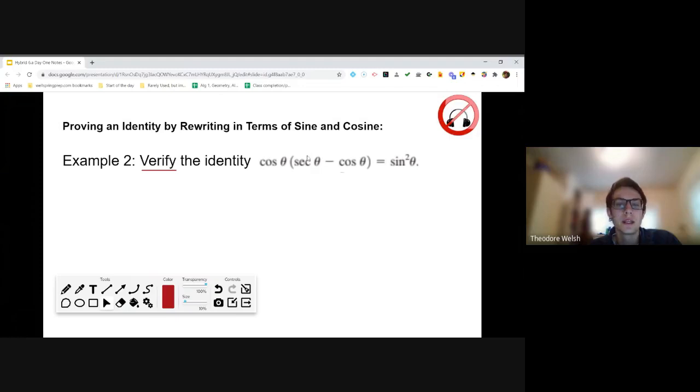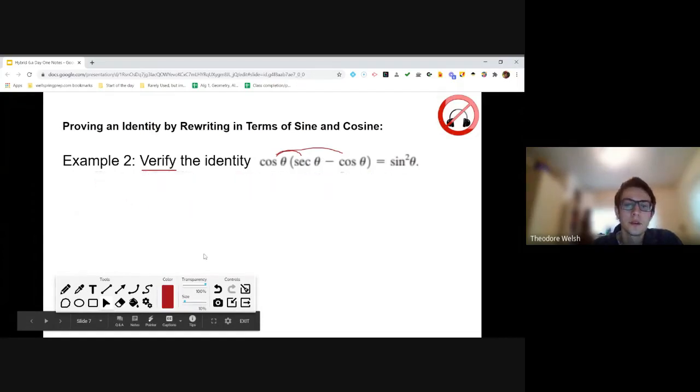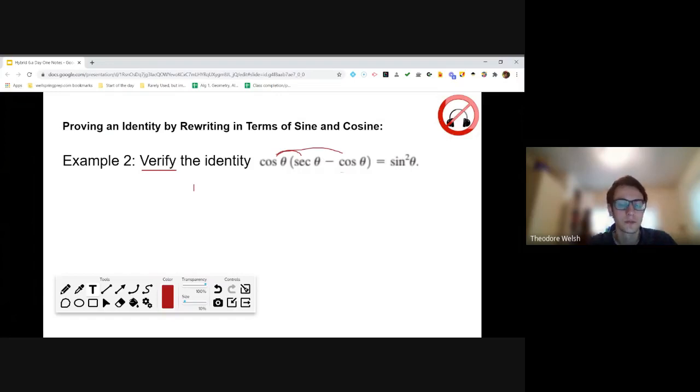So having things like secant might not be valuable. Converting things to sines and cosines could be helpful. I see Ben suggesting distribute cosine. Yeah, sure. Let's try that. So let's distribute cosine first.